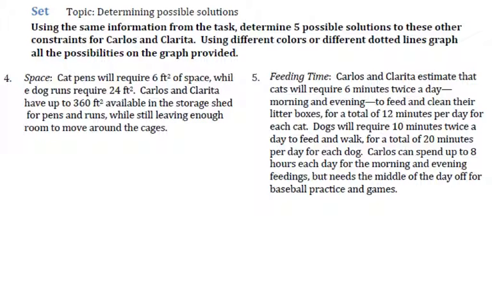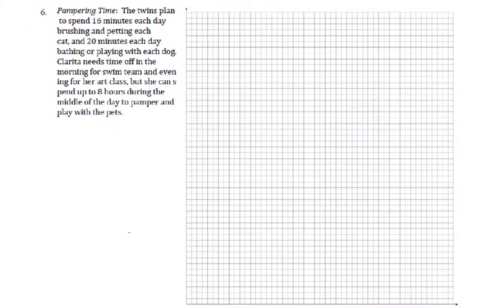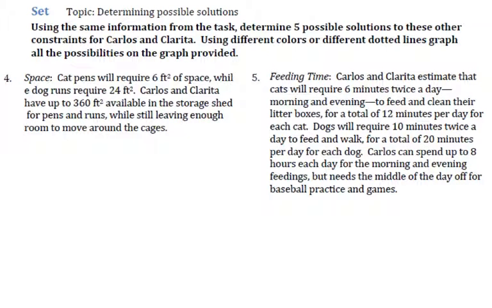Alright, now on to some problems that are very similar to what we did in class. Okay, and so it wants us to use the same information from the task, determine 5 possible solutions to these other constraints for Carlos and Clarita, using different colors or different dotted lines. Graph all the possibilities on the graph provided. So, we want to know 5 possible solutions.